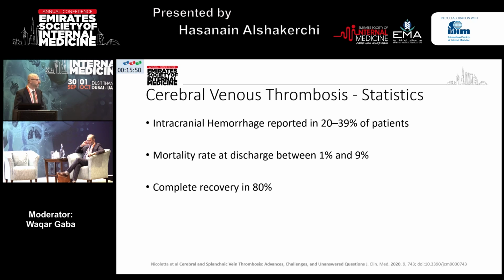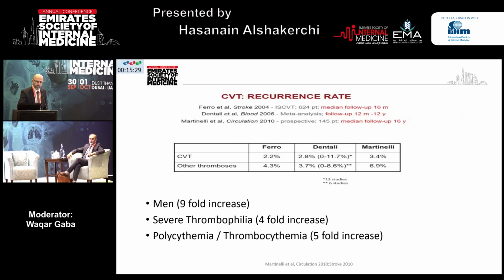Mortality rates vary between 1 to 9% at the time of discharge, and almost 80% have a full recovery. However, some new studies suggest that up to 40% of people with CVTs lose their job. So despite being middle aged, 40% lose their job. Hence it's important to treat and manage appropriately.